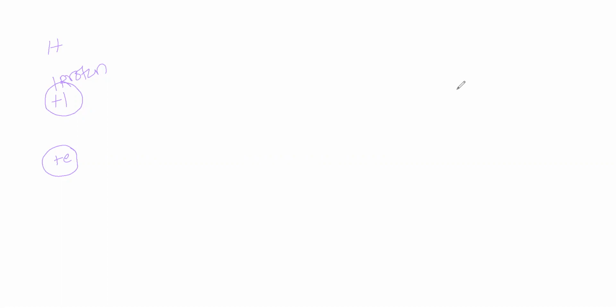So why did we write plus E? You are saying that the charge of proton and charge of electron are equal but opposite in sign. The magnitude of the charge of proton and the magnitude of the charge of electron are equal, only the sign is opposite. Therefore we have written E. That is correct.